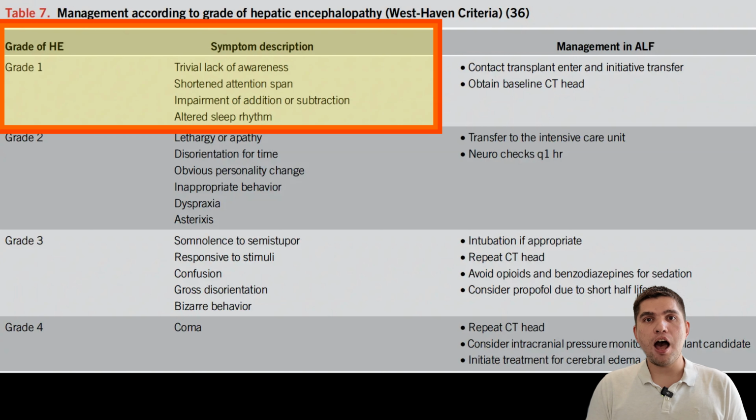Obviously, these are not reliably detectable in veterinary patients. So, while encephalopathy may be hard to detect in every single veterinary patient with suspected acute liver failure, we still try to assess for altered mentation and neurologic changes when possible.